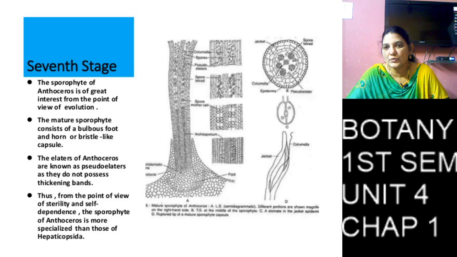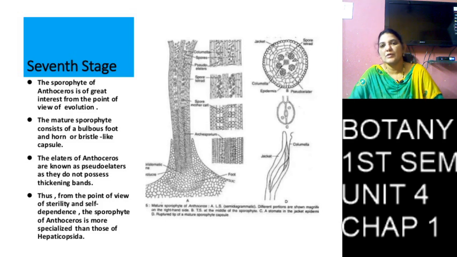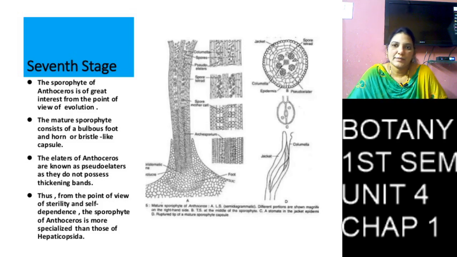The sporophyte is partially dependent on the thallus, absorbing only water and minerals. Chloroplasts contain chlorophyll, so they participate in photosynthesis and prepare their own food. So the sporophyte prepares its own food.